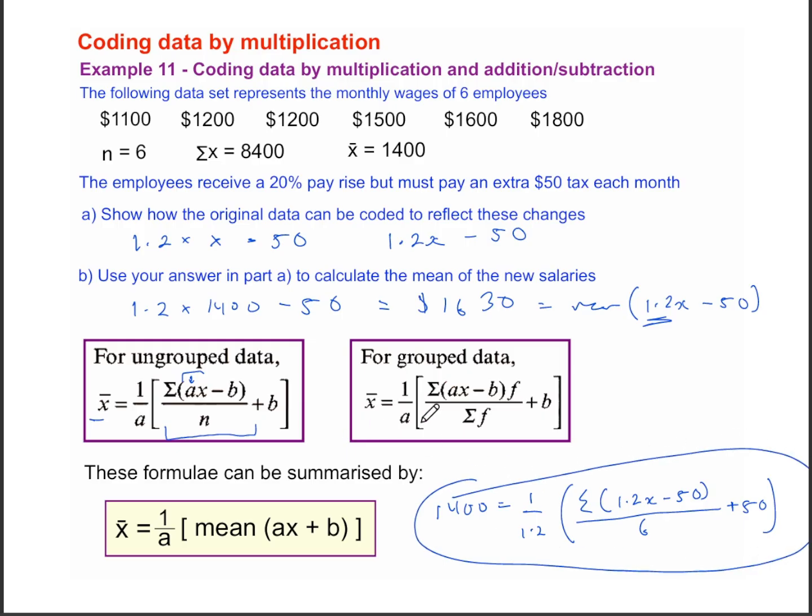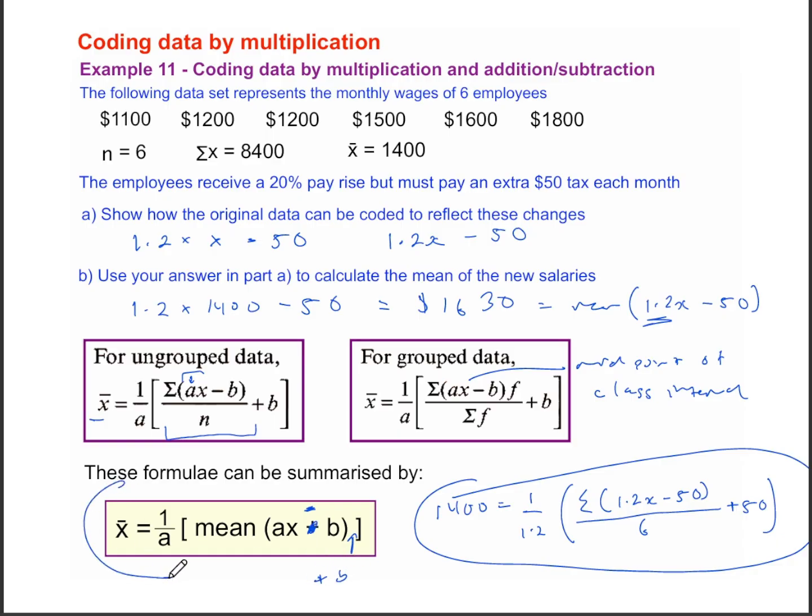Now, obviously, the changes are made for grouped data, where remember the x is going to be an estimate, which is usually the midpoint of the class. These two formulas can be summarized in the following way, where x bar is equal to 1 over a multiplied by the mean of ax minus b, plus b.